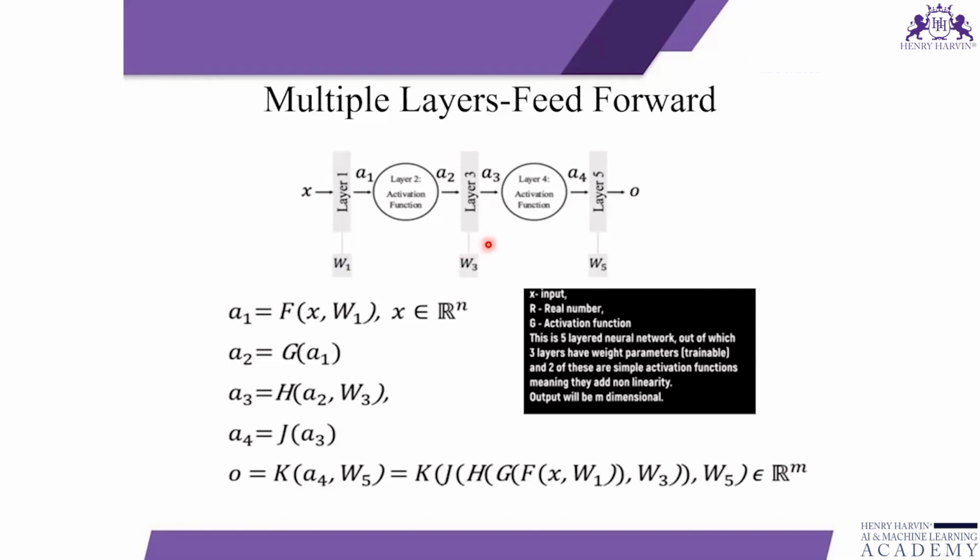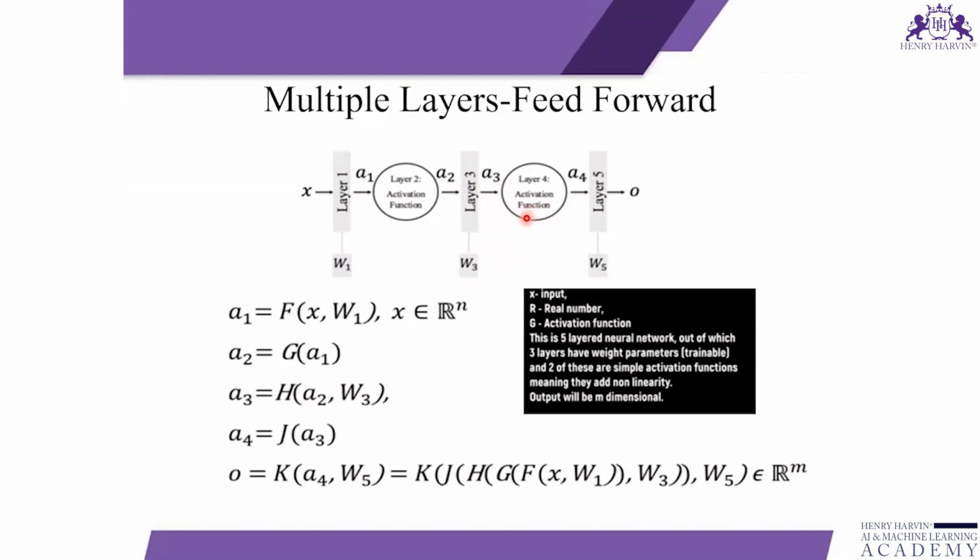So the output A3 is now passed to the next activation function, right? So here we had A2 and W3. And the output of this particular layer is A3. That is what we have seen. Now we do this again for the next layer. Here there is another activation layer. So it has no learnable parameters, no weight parameters.